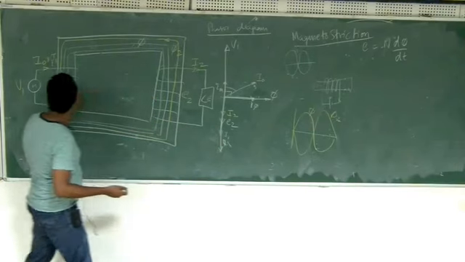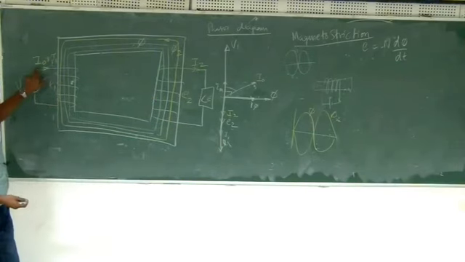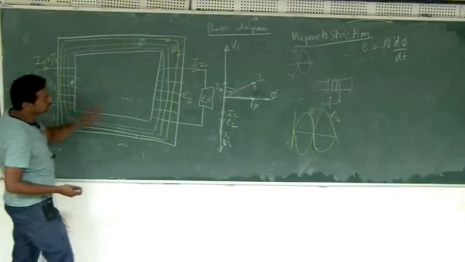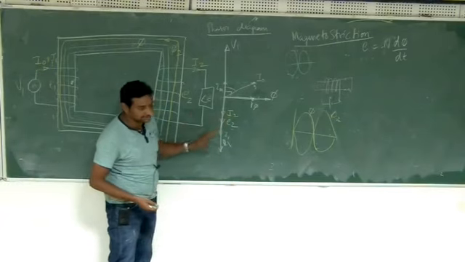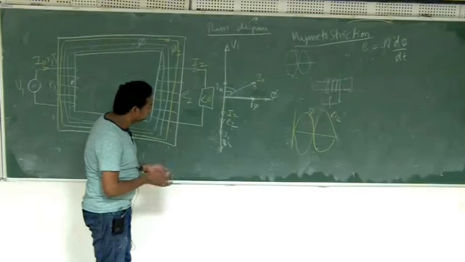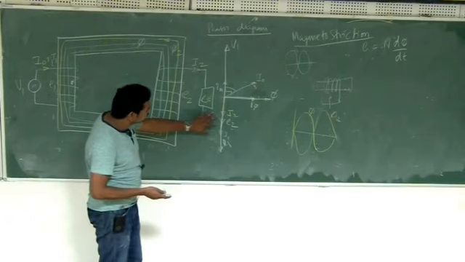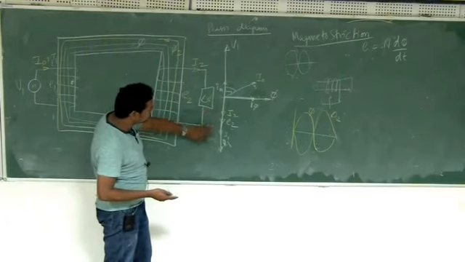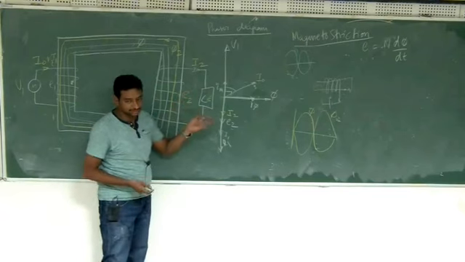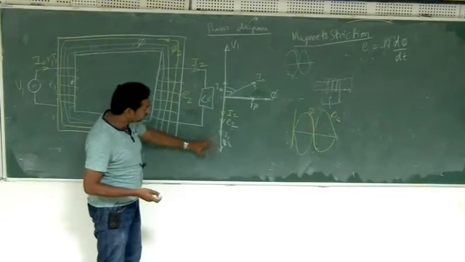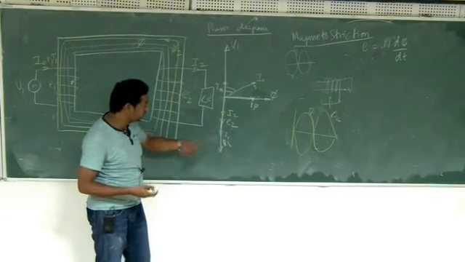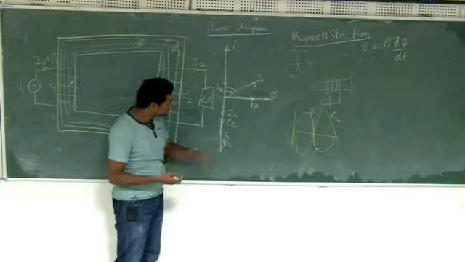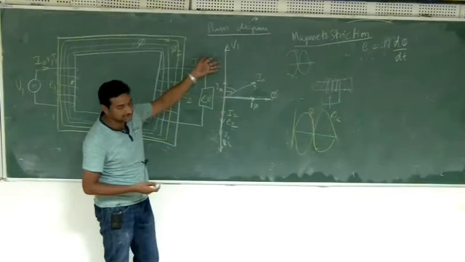So what is the actual I1? This one plus I0. So these two, you have to take the vector addition of these two. You can actually draw it in one more way, just assuming that, as a matter of notation, E1 I will show on the other side.